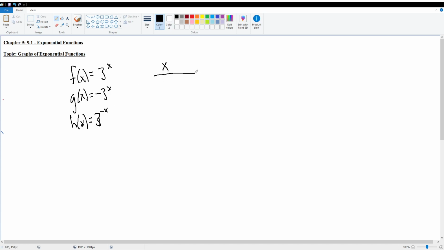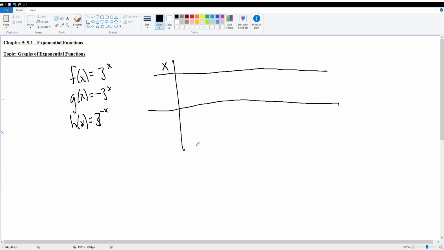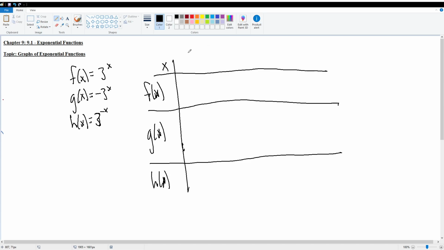So again, let's go through and create our table. I have f of x, g of x, and h of x, with x values negative 2, negative 1, 0, 1, 2.